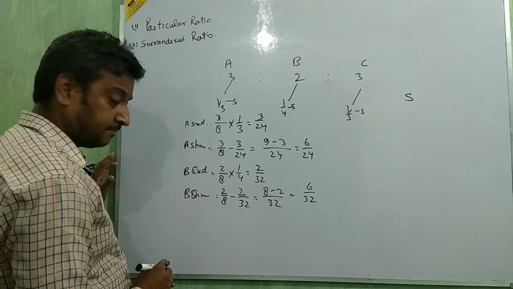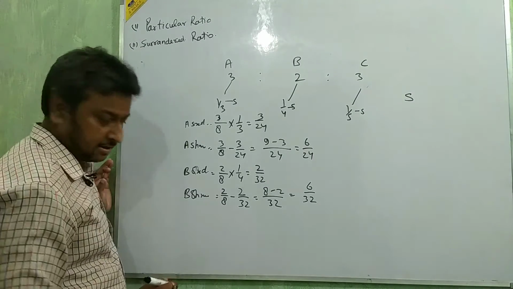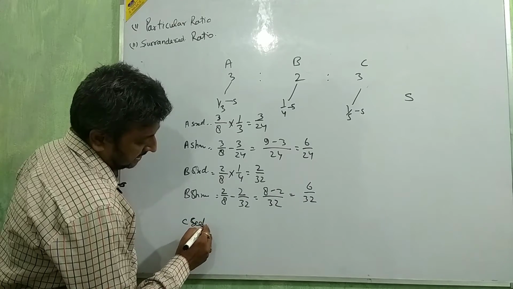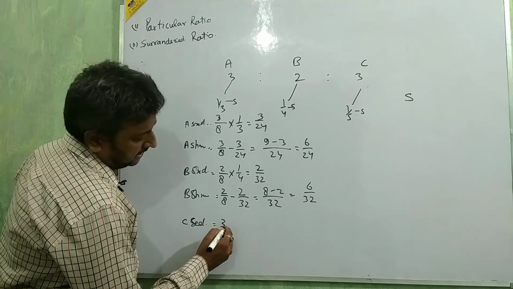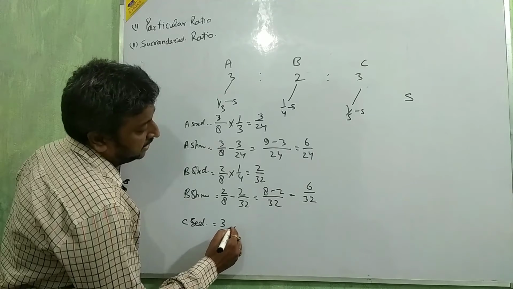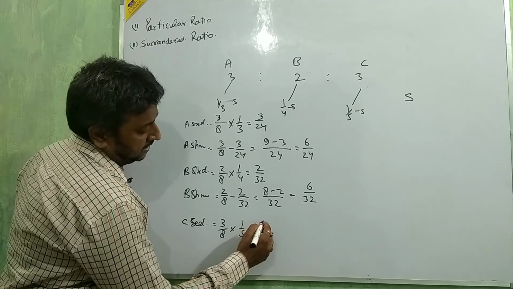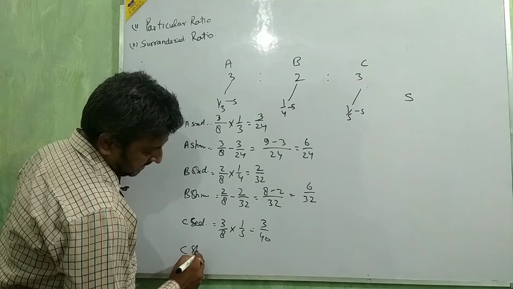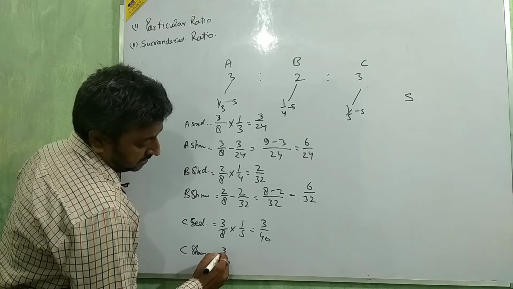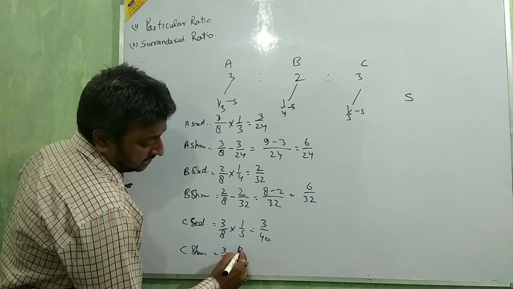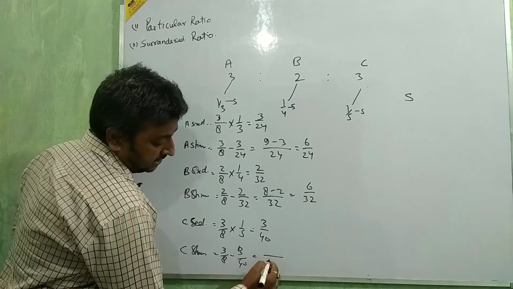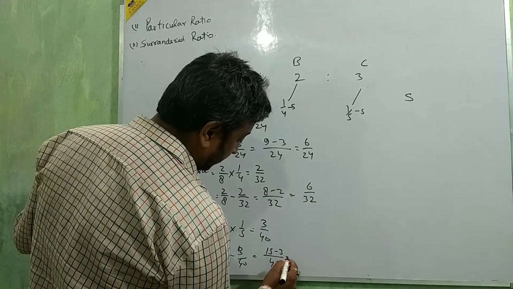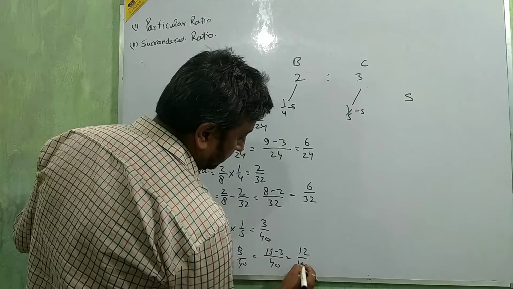Okay, clear? Next, C surrender: 3/8 into 1/5. It means 3/40. C share: 3/8 minus 3/40. It means 40, 5 times 3 is 15, minus 3. It means 12 upon 40.